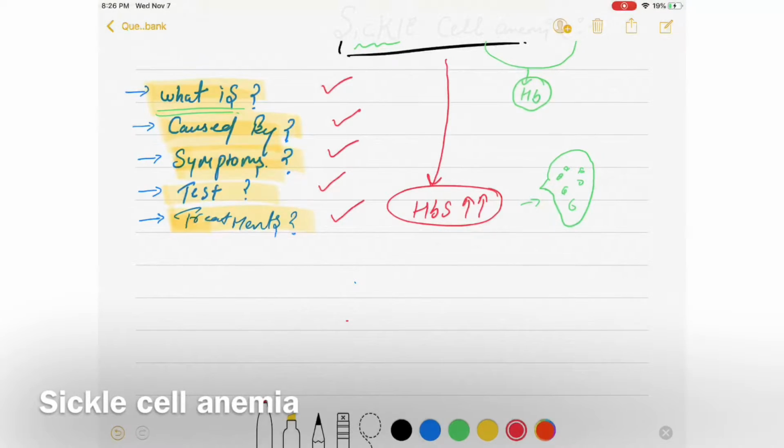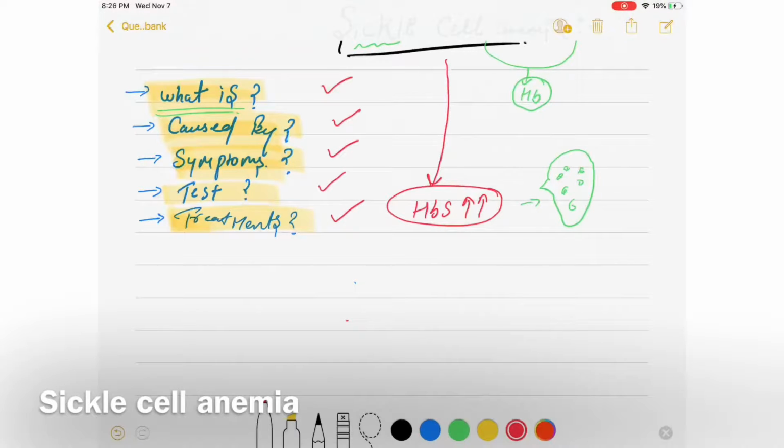Then what are the causes of this anemia, how is it caused? The RBC contains hemoglobin, and hemoglobin contains alpha and beta chains.